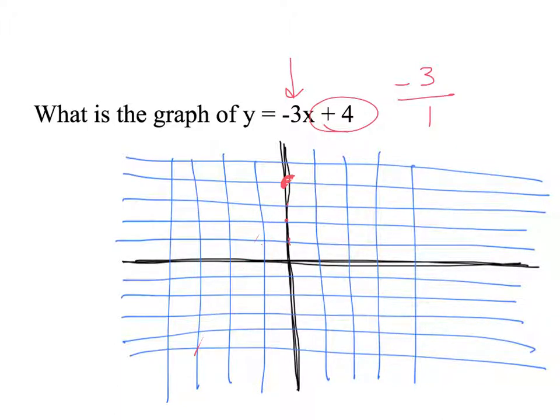We don't want to go this way. We want to start at the 4, come down 3 blocks, and then you always want to run from left to right. That's the same whether it's positive or negative. And then come down 3 blocks again, come over 1. But you connect your 3 points with a line, and then any point on that line would be a solution to the equation.